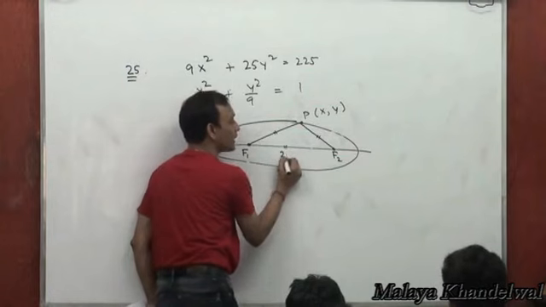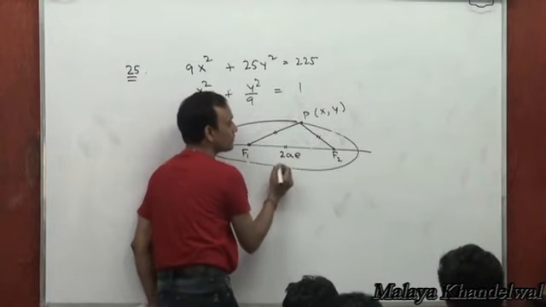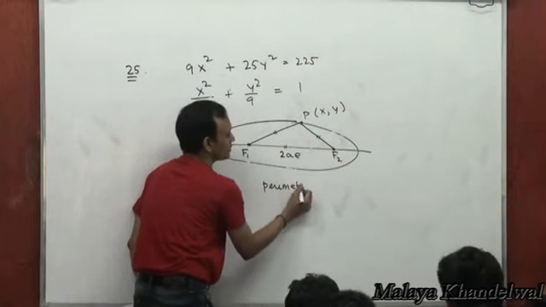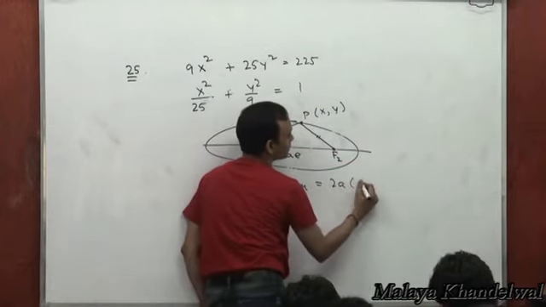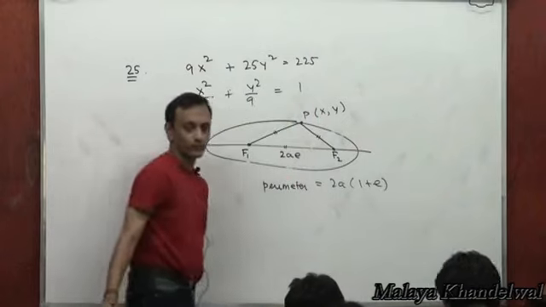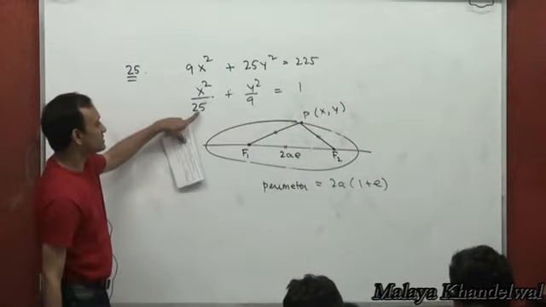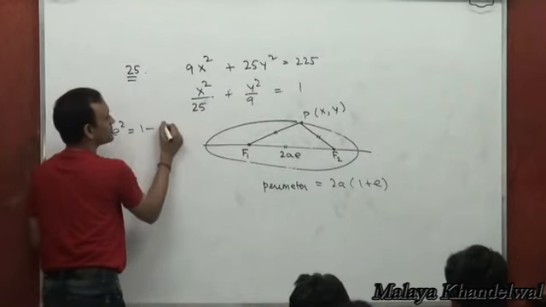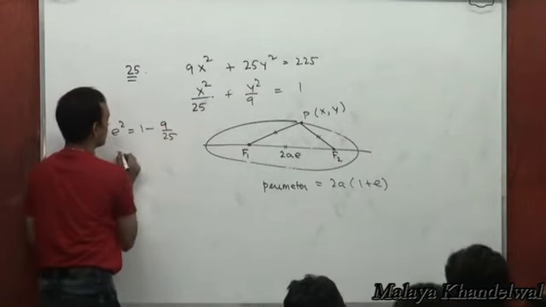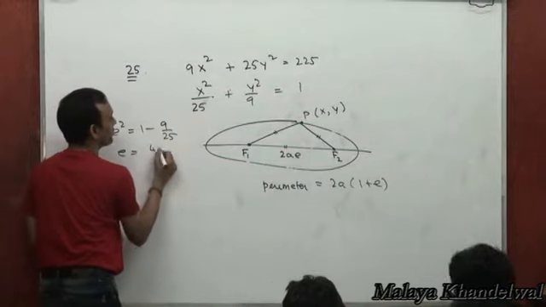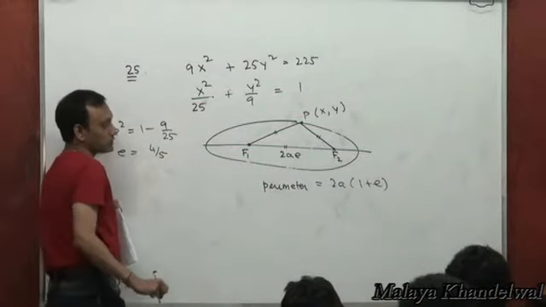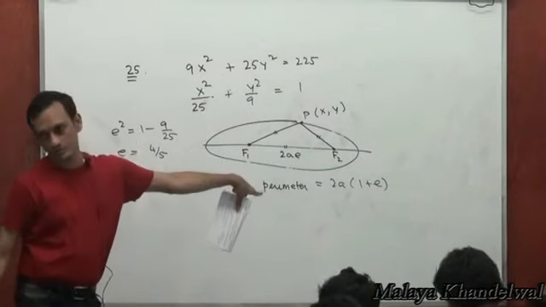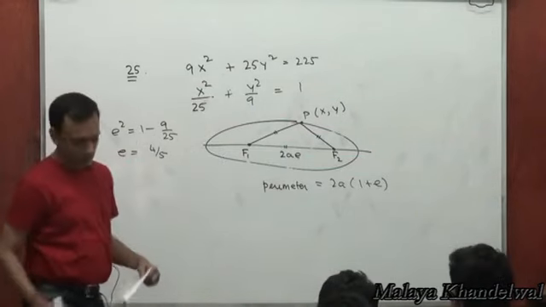And this is 2ae, the distance between the two foci. So the required perimeter is going to be 2a plus 2ae, that is 2a(1 plus e), where a is 5 and the eccentricity e is root of 1 minus 9 by 25, therefore 4 by 5. Right? So you know e, a is 5, you can find the perimeter.